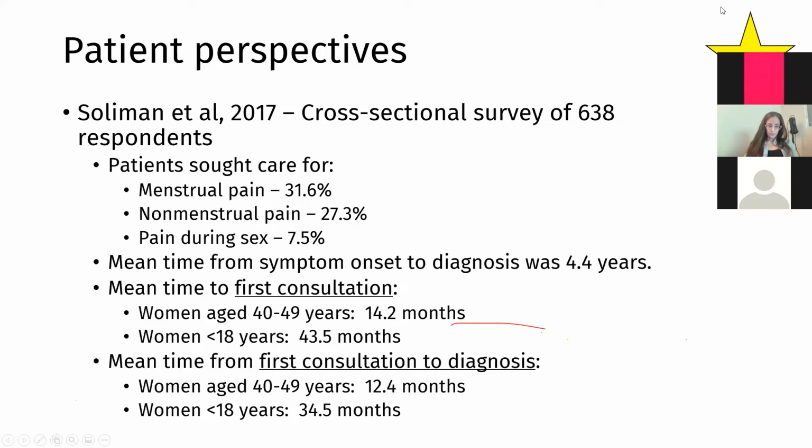For women in their adolescence, it took much, much longer. It took a little under 4 years for them to have a consultation. And then looking at the time between first consultation and actually receiving a diagnosis, again, for women in their 40s was about a year. And for, again, the poor adolescents, just under 3 years.